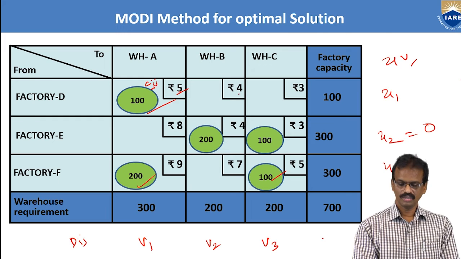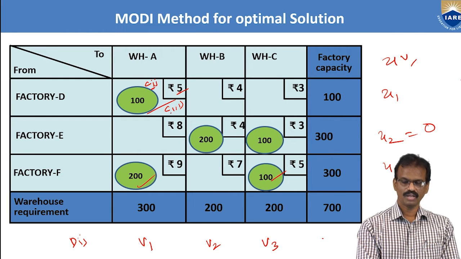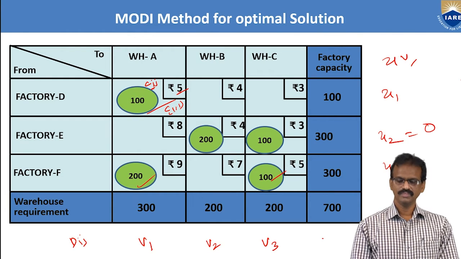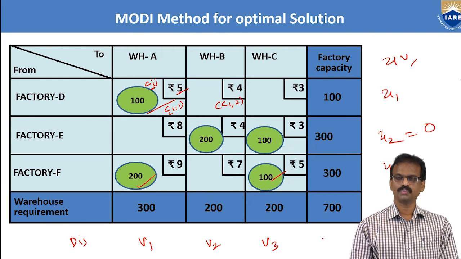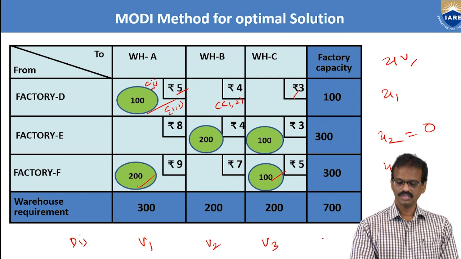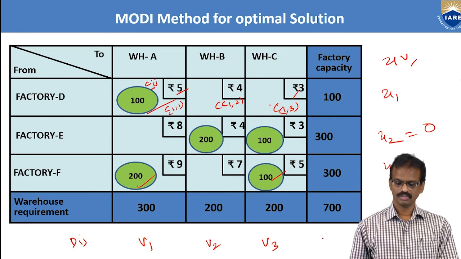Here this 5 is C11, column 1, row 1. This 4 is C12, column 1, row 2. This 3 is C13, 1 comma 3.